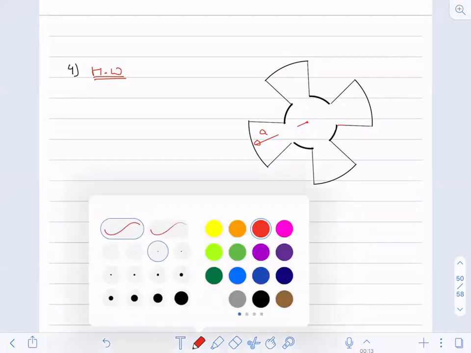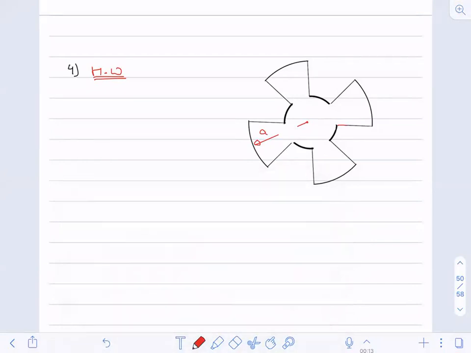Now, this is of radius A. Suppose this is of 2A and this is of A. And the current, if you see here, will be moving like this.